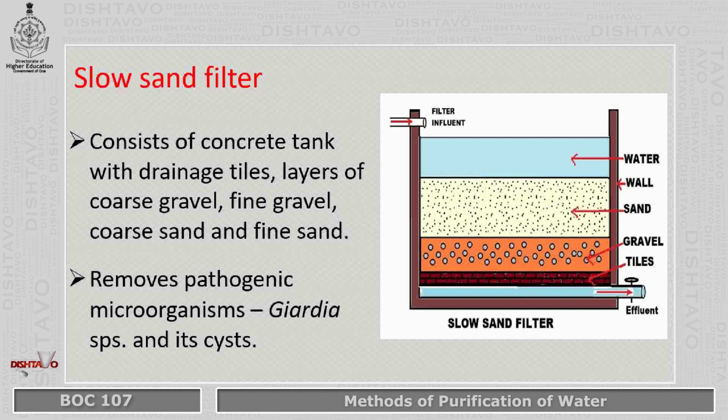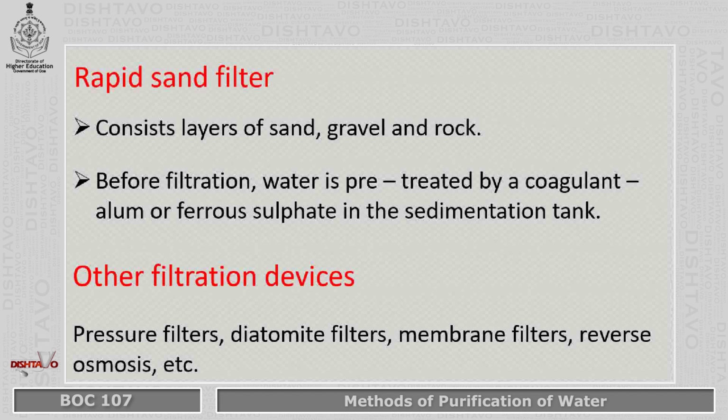The water passes very slowly through this film, thus purifying the water at a very slow rate. This process is important in removing even pathogenic microorganisms such as Giardia species and its cysts.